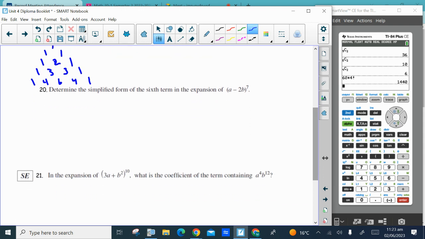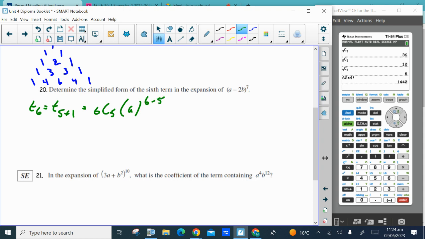Find the term in simplified form of the sixth term in that expansion. So remember that the value of k is always 1 less than the term number. T sub 6 equals T sub 5 plus 1. Remember the general term is T sub k plus 1. So k is 5. So that'll be 6C5 a to the 6 minus 5.